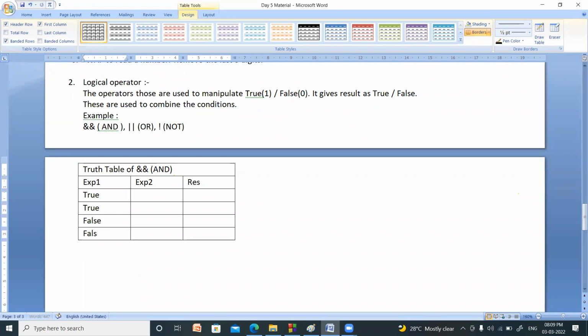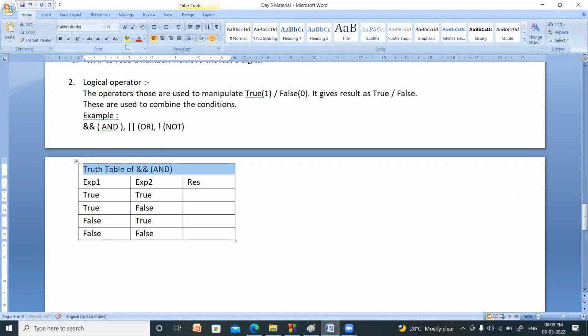Fourth one also false. Two true, two false. Here, write true. Here, write false. Here, write true. Here, write false. What about AND? It gives true when both the conditions are true. Am I right? Yes. If both are true, then its result is true.